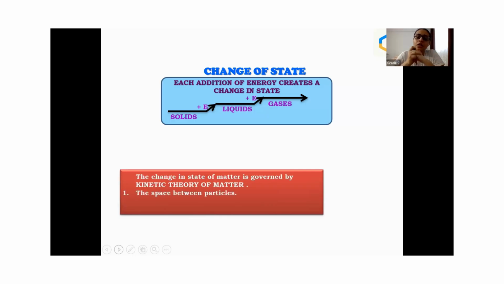The change in state of matter is governed by the kinetic theory of matter, where the space between particles becomes different, right? As you have answered, the kinetic energy will increase when we keep on giving temperature to the solid. So space between particles keeps on increasing. Force of attraction between the particles is also affected. The bondings will break down.